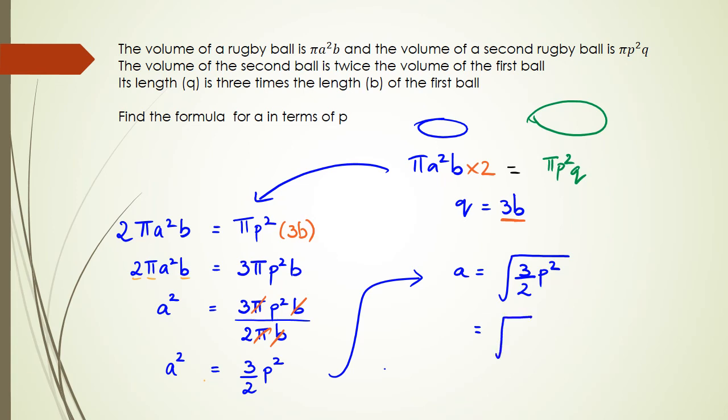We can separate the square root symbol as square root of 3 over 2 multiplied by square root of p squared. Still a on this side. So a is equal to square root of 3 over 2 multiplied by... Now the square root of p squared is just p, so I can leave it like that, and that's my final answer.